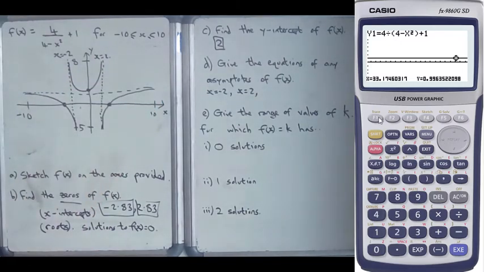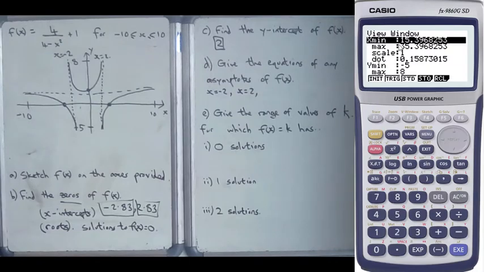So now I'm going to just go back to where I was. If you ever find you've messed up with the view, if you've zoomed it or moved it, go to view window and just reset it. So you can see that's way out now. The y bit hasn't changed because I didn't mess about with the y, but the x values have changed. So minus 10 and 10 it was. 10, execute, draw.